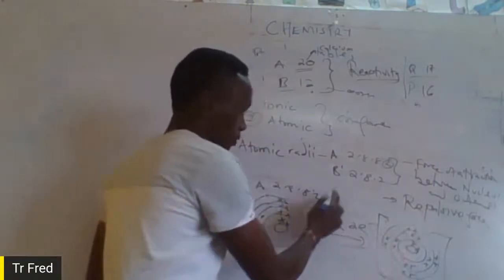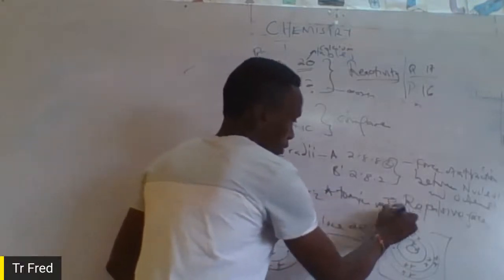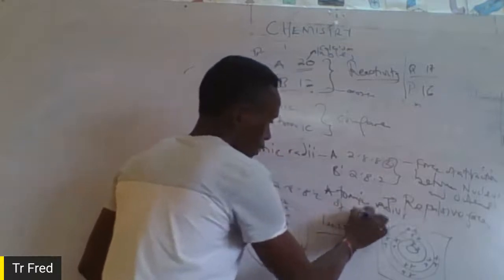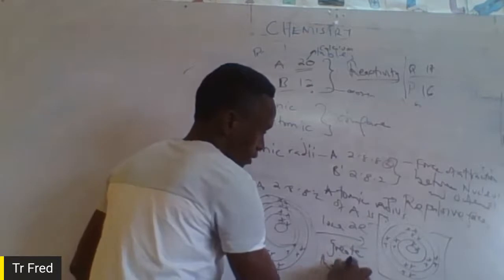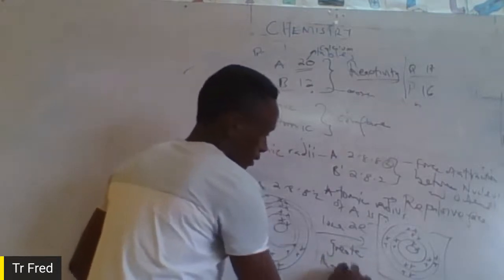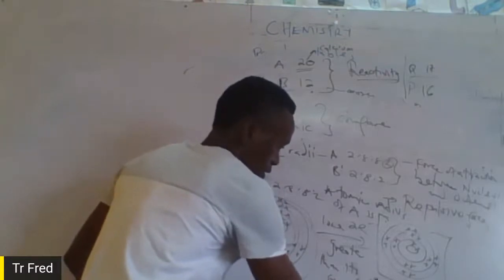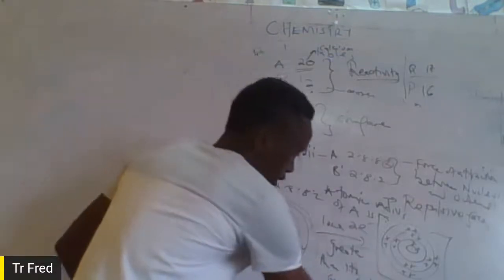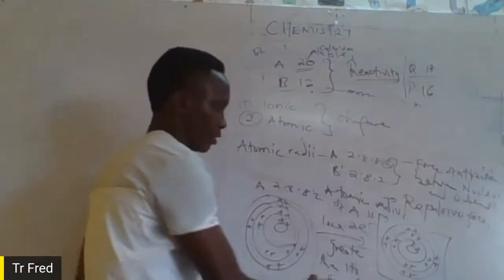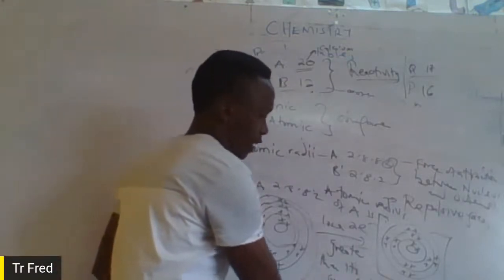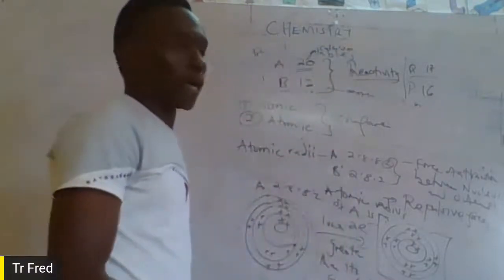Therefore, the atomic radius of A is greater than its corresponding ionic radius, simply because it has lost its outermost electrons to form an ion.